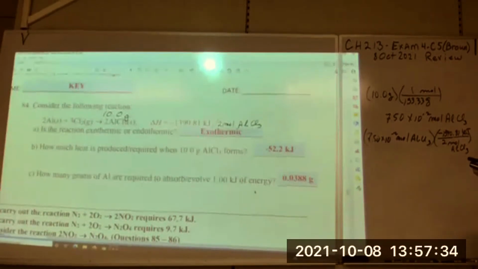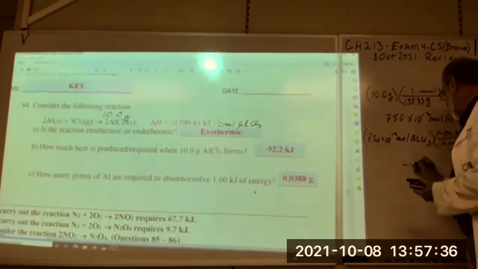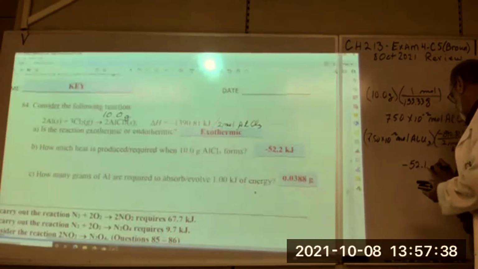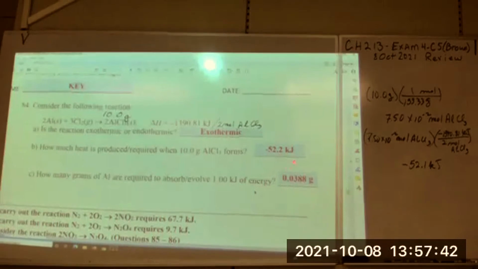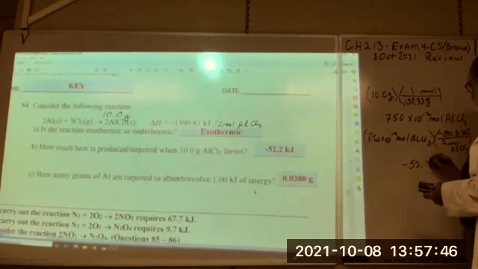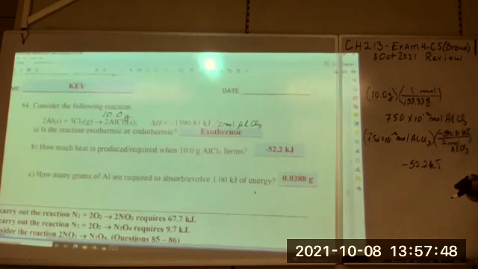So that's a minus 52.1 kilojoules. Okay? Yeah, close enough. Oh, no, I rounded wrong. It is 2. 52.2 kilojoules for that product to be formed.